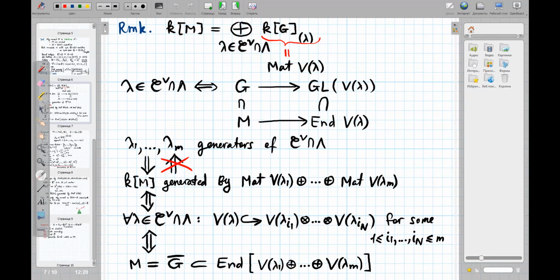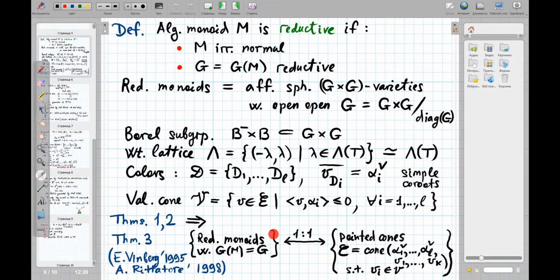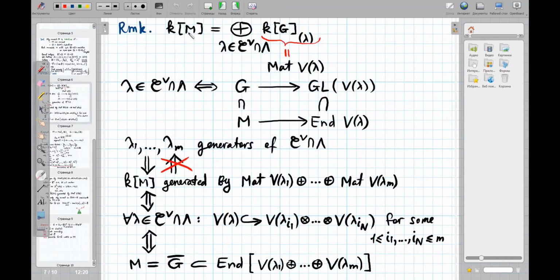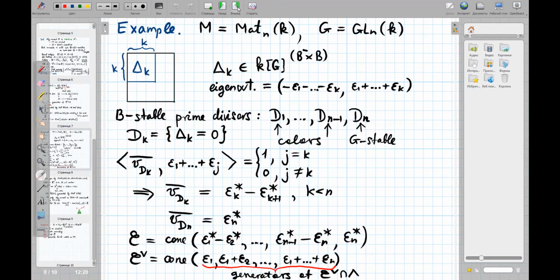Because we know from the classification they are in one-to-one correspondence. Exactly. We know from this classification that to any cone of this form, there corresponds some normal algebraic monoid, whose coordinate algebra decomposes in this way. Oh, so they are the same. Yeah, so they are the same. Exactly. This is the idea of how you can check normality.